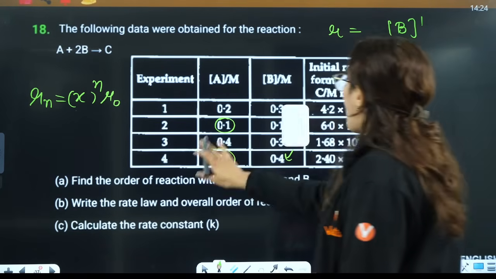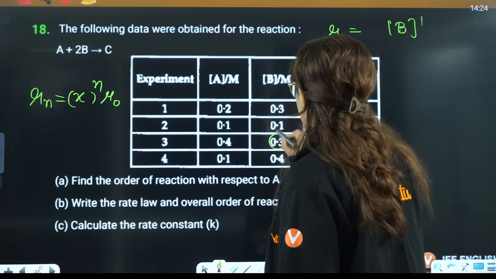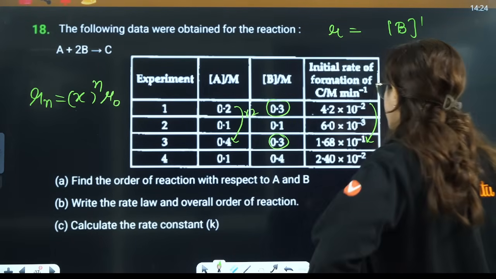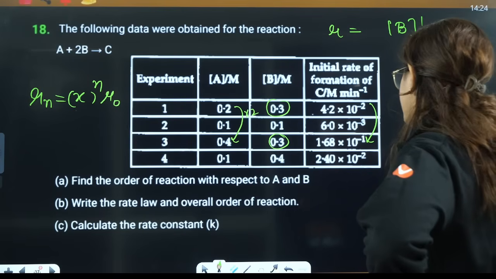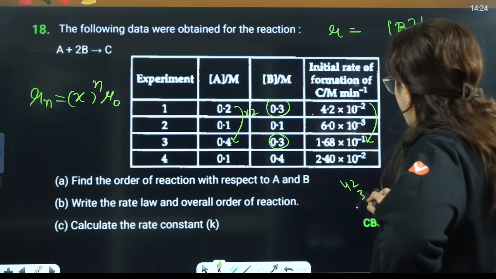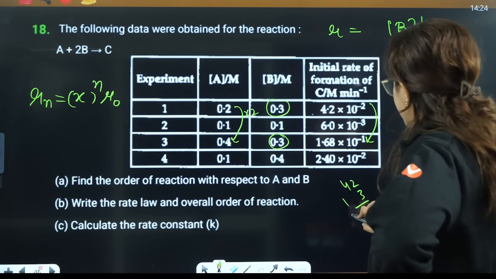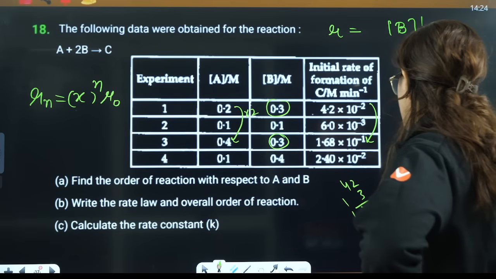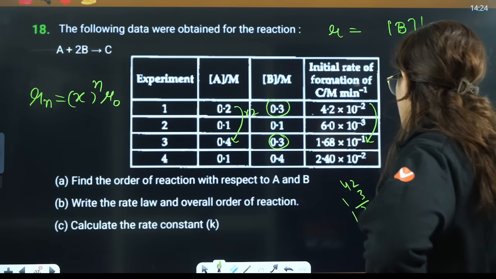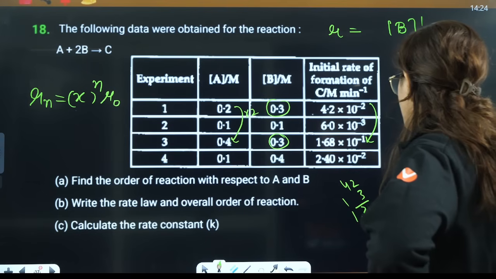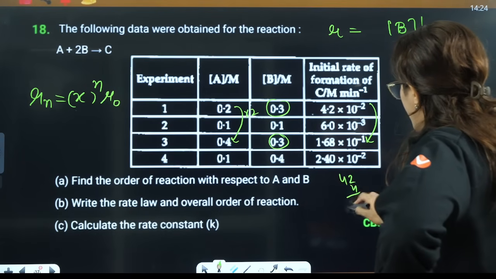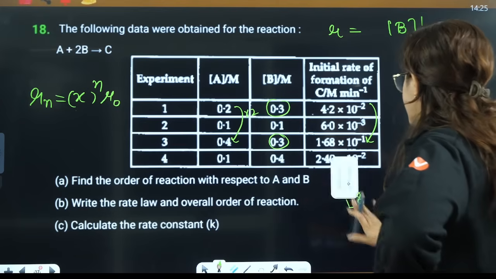Now if I do the opposite, let's keep this constant, this is increasing 2 times, and this is increasing how many times? 3 times, right? 4 into 3 is 12, 4 to 8, 16, yes, 4 times.